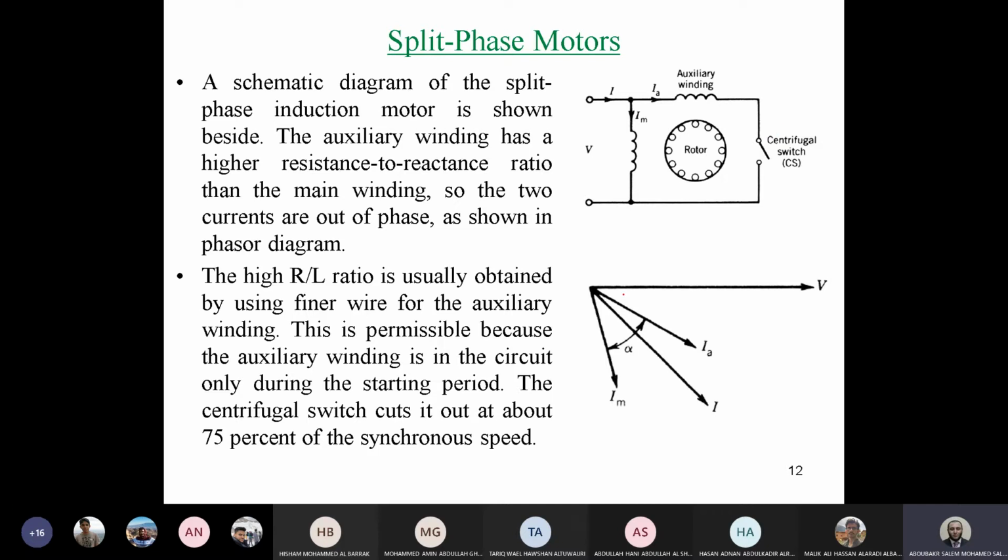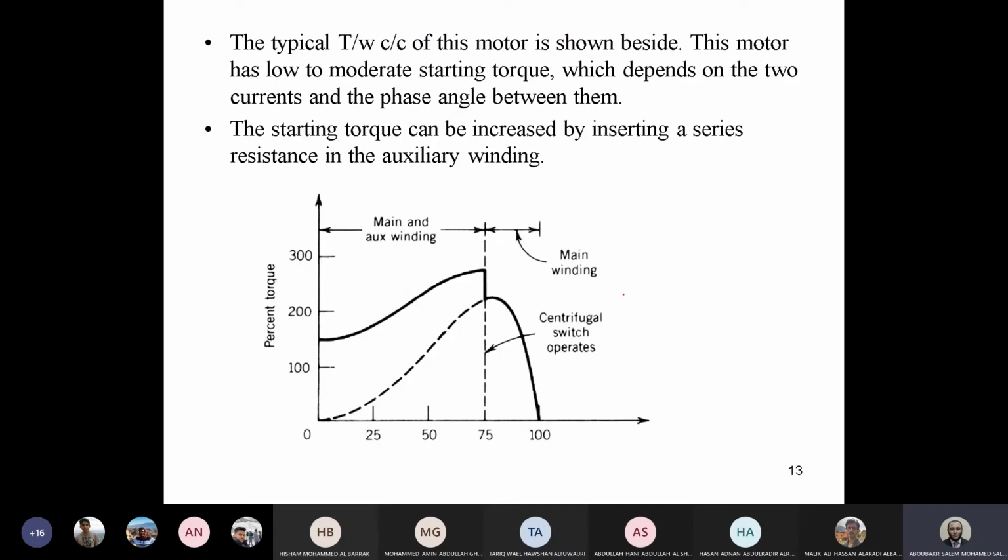Before the phasor diagram, I would like to show the characteristic in order to be understood. Now, guys, this dotted line represents the torque speed for the main winding only. So the dotted line and the characteristic up till the synchronous speed, this characteristic alone represents the main winding.